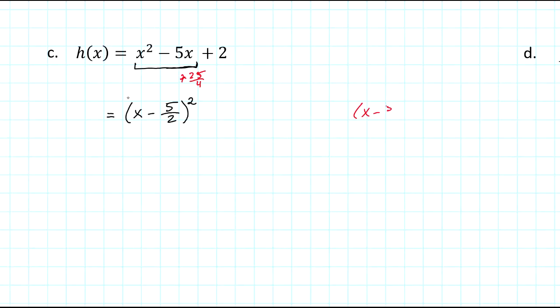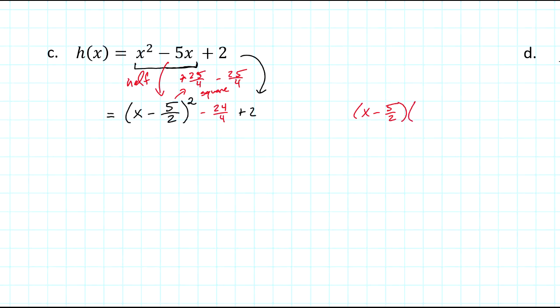This is not a necessary step, but that's that number squared. So we go half here, and then we square that number to get that. Then we need to take 25 over 4 away to keep everything in balance. And I'll bring down the plus 2.